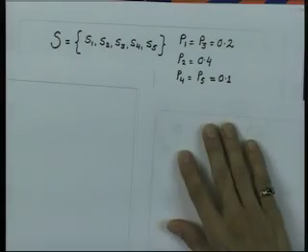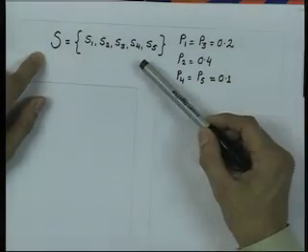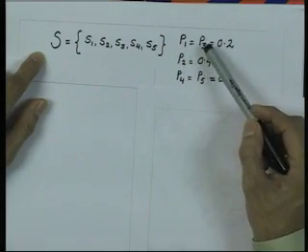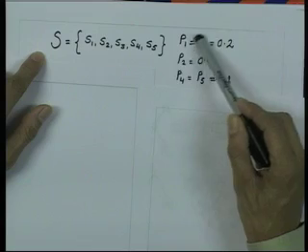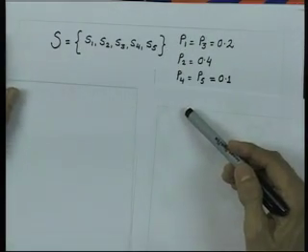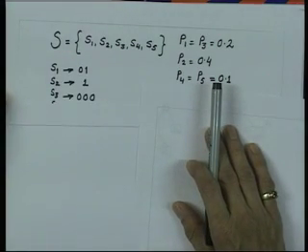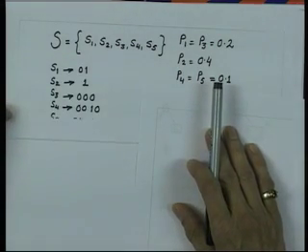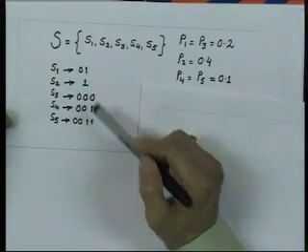So, here is the example. I have a source consisting of 5 symbols and the probability of the symbols, or the source model, is indicated here. For this source model, we can design the Huffman code, which we have done earlier, and the code is indicated here.